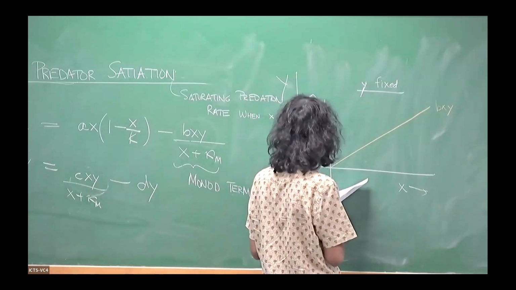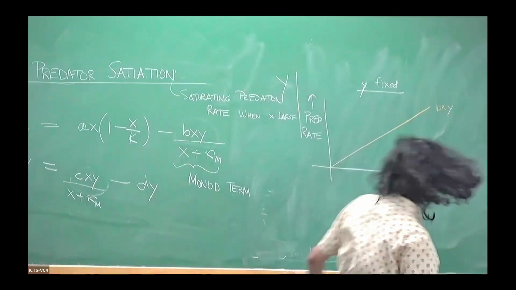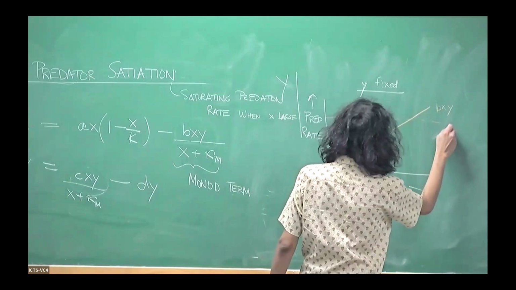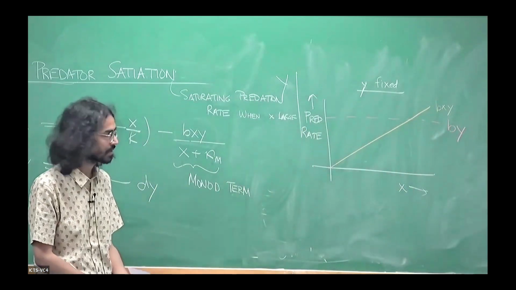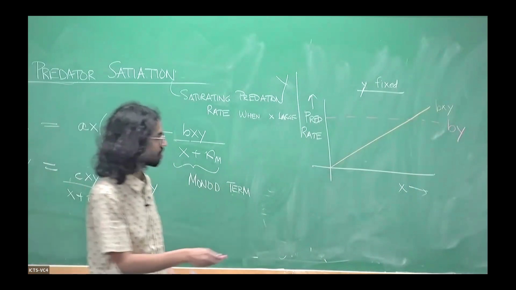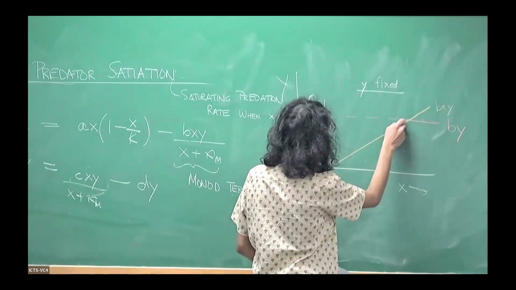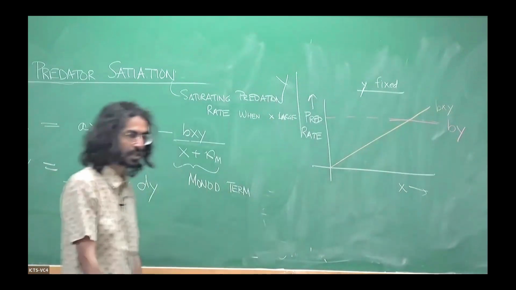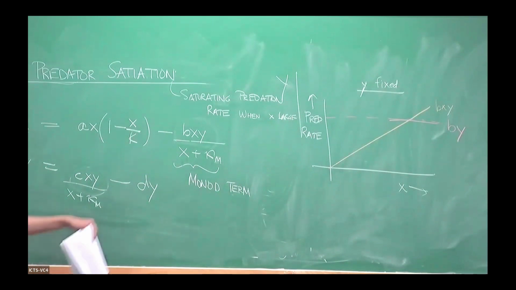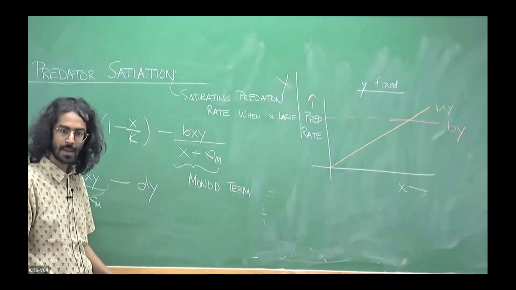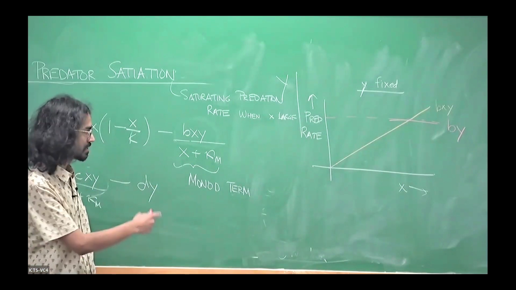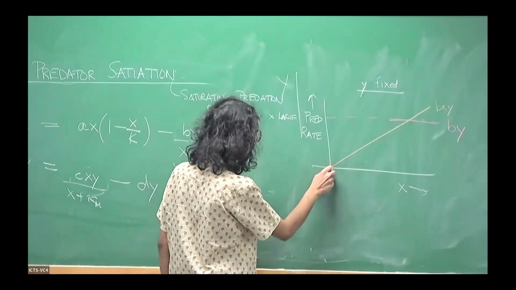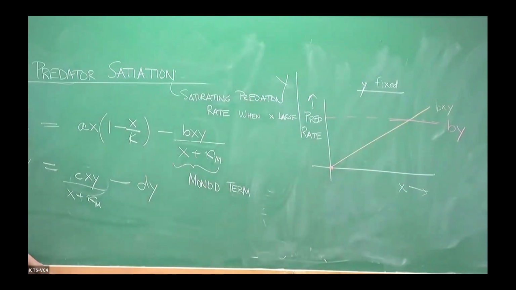So the maximum value that this can take is B times Y, and when X is very large, you get a function that looks like this. What happens when X is very, very small compared to kappa m? Well, when X is 0, it's 0, correct?